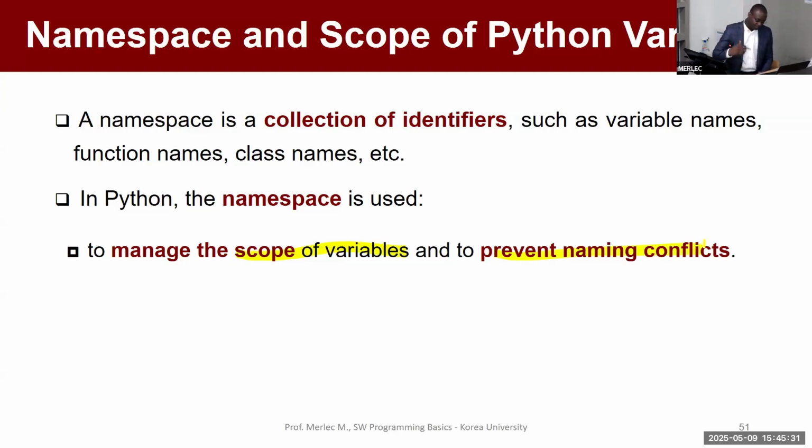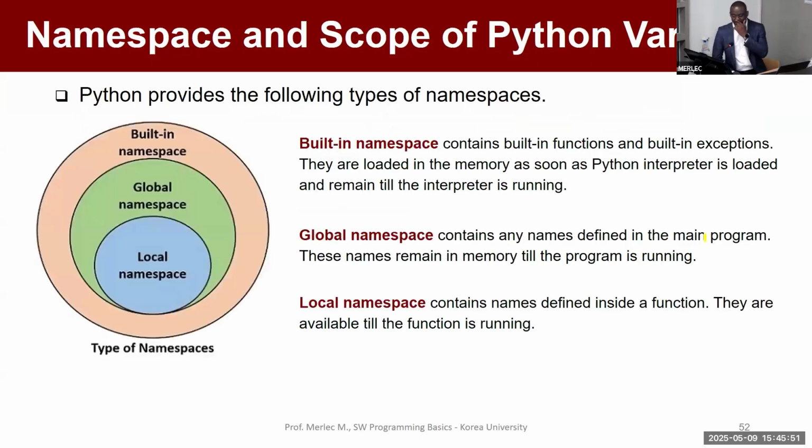You remember I kept mentioning that any identifier, whether it is a variable or a function, should be unique. That means we have to prevent conflicts. That's why we separate the local and global namespaces. In terms of scope, we have first the built-in namespace.